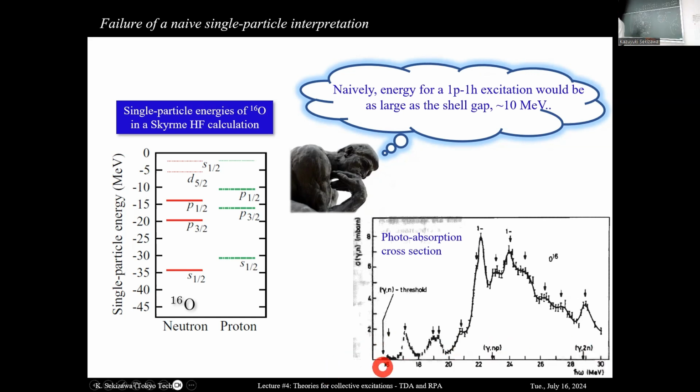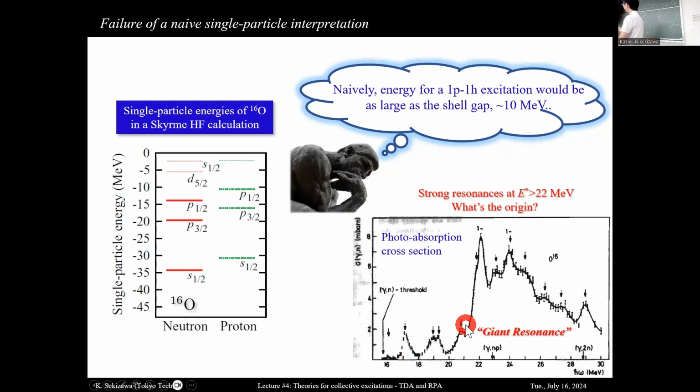And there are some peaks at low-lying states. They correspond to some particle excitations. And you can find a peculiar huge peak above 22 MeV or so. It is the so-called giant resonance.